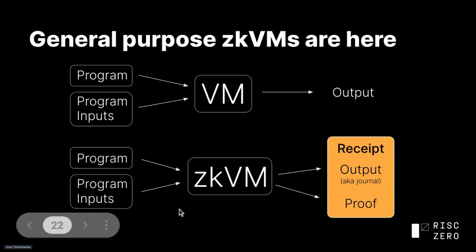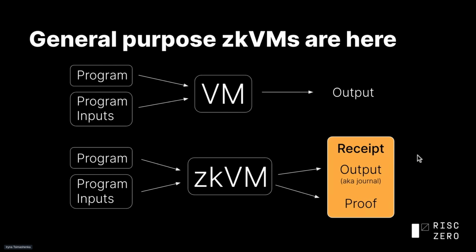But for a ZKVM, it's a very, very similar setup. So you have an input program that you want to run, to emulate on the ZKVM, and you also send input data for this program. And the ZKVM runs it for you and produces not only output, but also a proof of running this program on this data. So there is a proof of correct execution. And this output, or journal, and proof as a seal, are inside one object that we call the receipt.